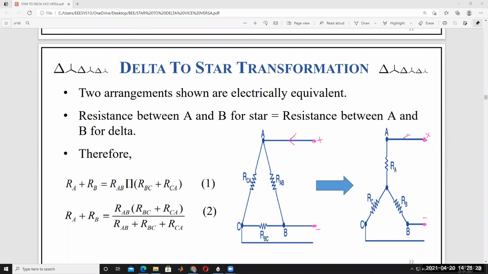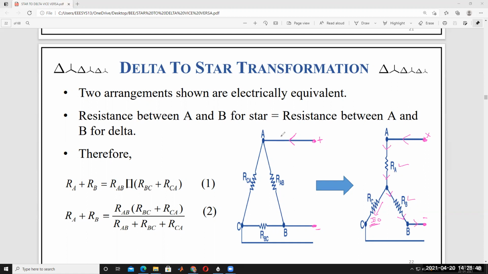The current enters in this manner and leaves in this manner. The current flowing in the C direction is equal to 0 because it is not connected into the network. Understood? That's why RA and RB are both in series.